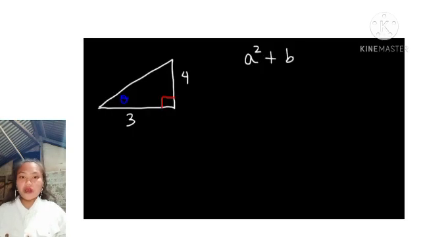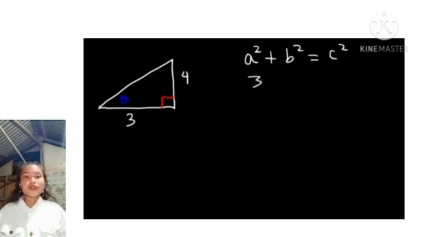Now, to find the missing side, we need to use the Pythagorean theorem. A squared plus B squared equals C squared. So A is 3, B is 4, and we have to find the missing side C, which is the hypotenuse.